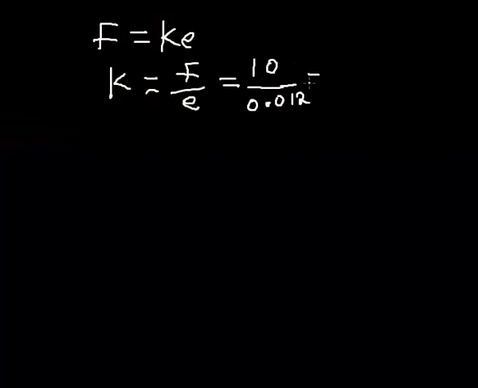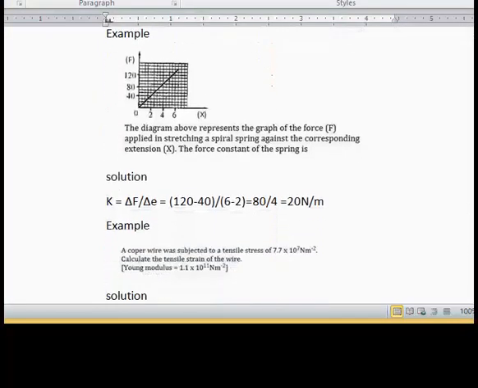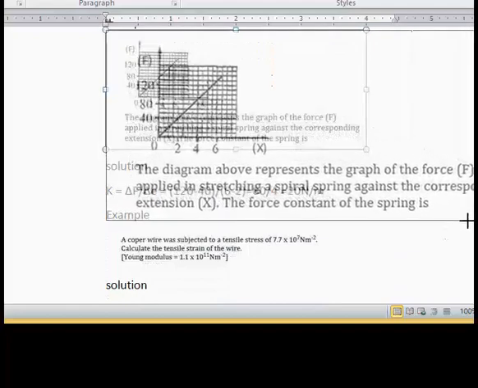So approximately 833. That's going to be 833 Newton per meter. That is my force constant, as simple as ABC. Then the next one is in the form of a graph.